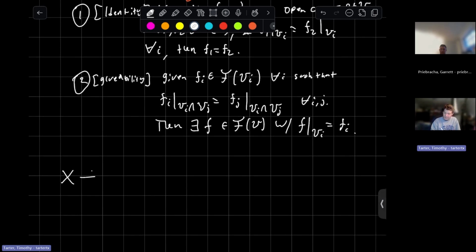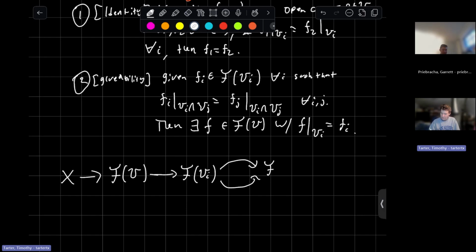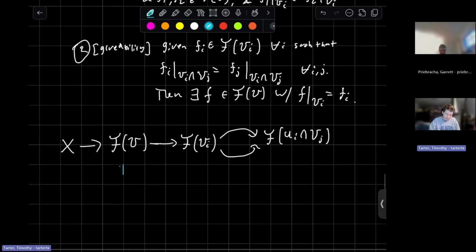So if you have F going to the section on U, which goes into the product of the sections on your open sets, which are the open cover of U, then you can look at this in terms of two morphisms, F(U_i) and F(U_i intersect U_j), where the identity piece is exactness here.